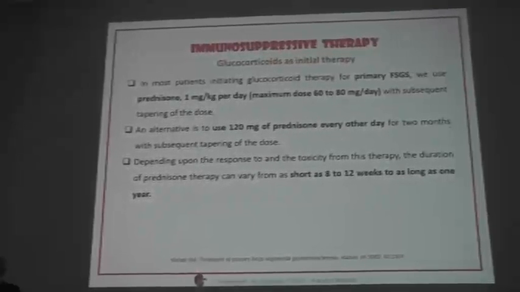For most patients initiating glucocorticoid therapy for primary focal segmental glomerulosclerosis, we use prednisolone 1 milligram per kg with a maximum dose of 60 to 80 milligram per day, with subsequent tapering of the dose. If the patient is responding within 1 month or so, you extend the dose for another 2 weeks or so, then you taper the medication over a period of 1 or 2 or 3 months.